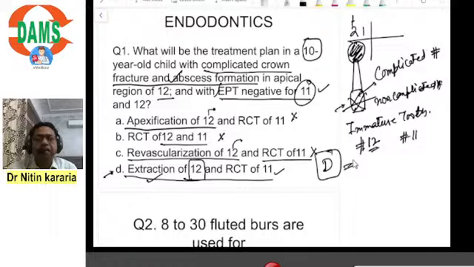If it is incomplete, without any negative factors like complicated crown fractures, the best treatment available for immature pulpless teeth is regeneration, revascularization. If revascularization or regeneration is not there in the options, the best possible answer, second choice, would be apexification in such cases. Okay.